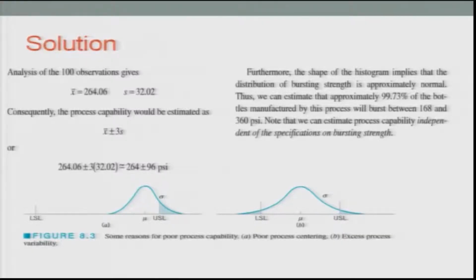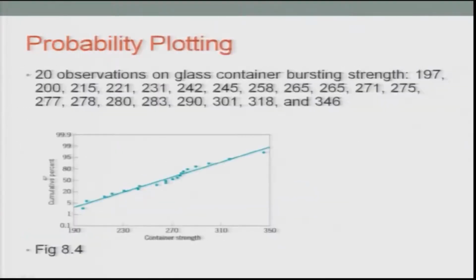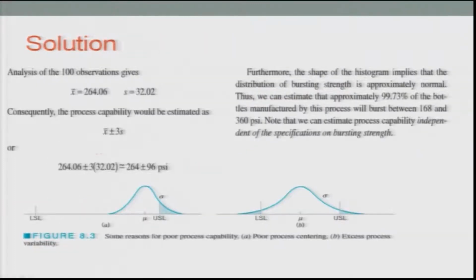So, if I find out the intervals, as I was mentioning, 264.06 is the average value, plus minus 3 times 32.02, and you find that the PSI, which is the unit of pressure, comes out to 264 plus minus 96 PSI.